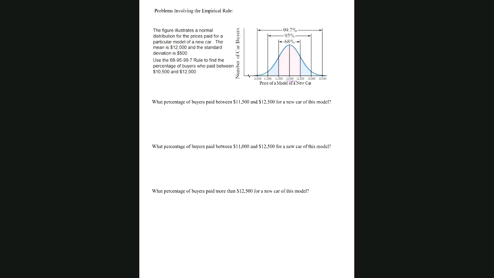One standard deviation above the mean is 12,500. Then to get 2 standard deviations, I subtract the standard deviation of 500 times 2 from the mean, and to get 3 standard deviations above and below, I subtract and add 500 times 3, right? So that's how I got these figures here.